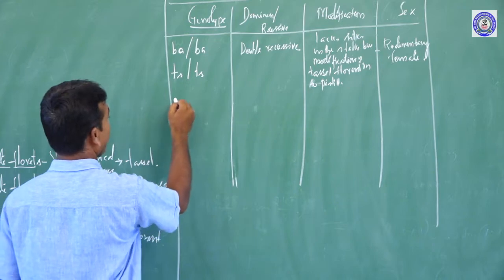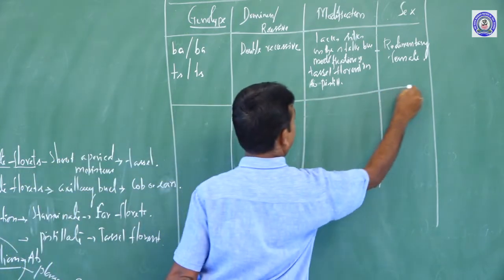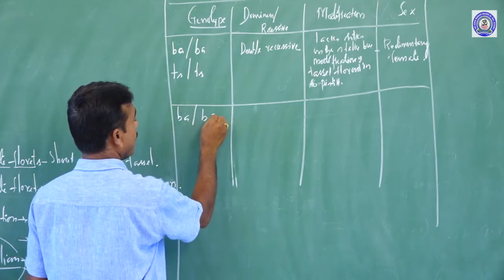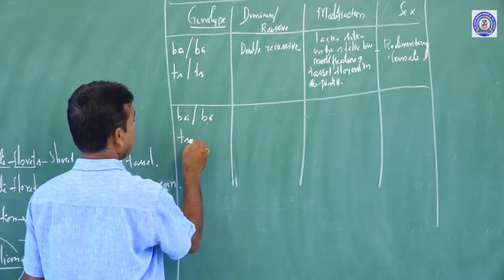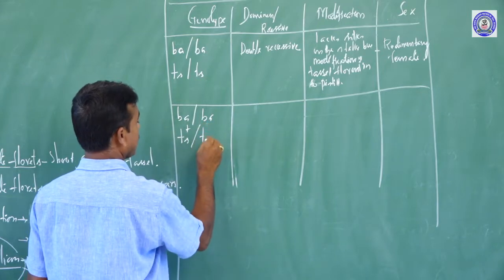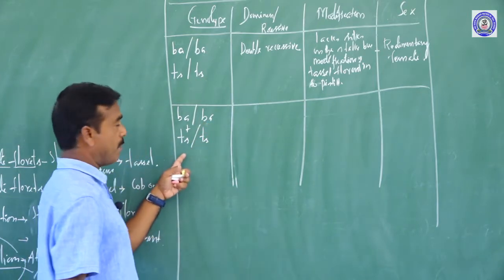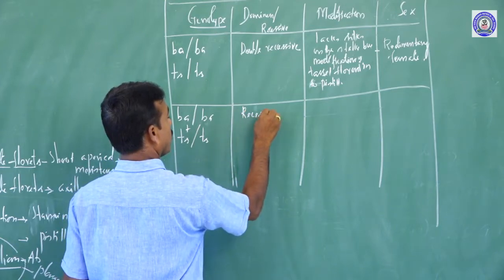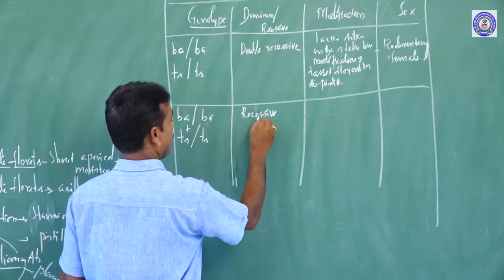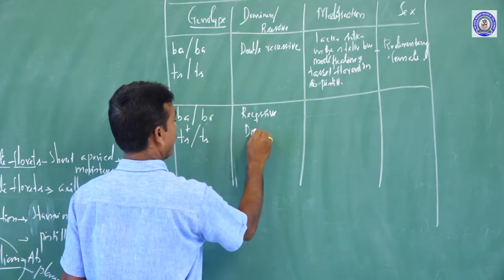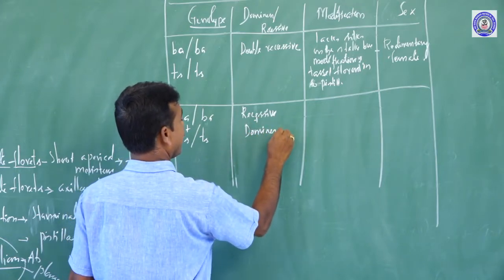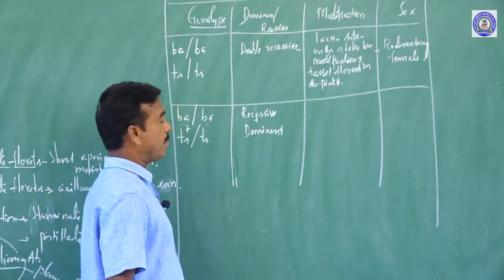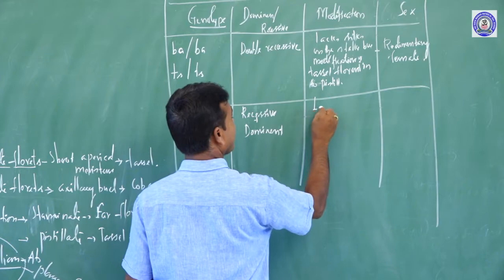Then the second one: ba/ba, ts+/ts+. So here the condition is recessive and dominant. This type of condition gives silks, no problem at all.